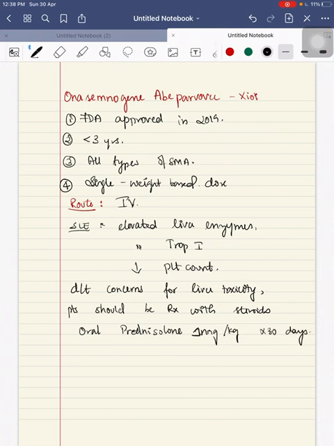So they are given oral prednisolone at the dose of 1 mg per kg for 30 days, and this dose is being tapered over the next 28 days.